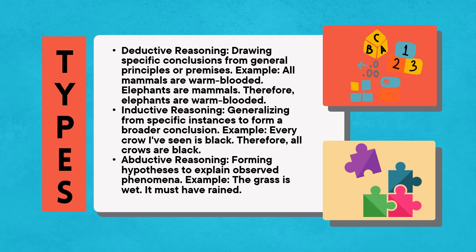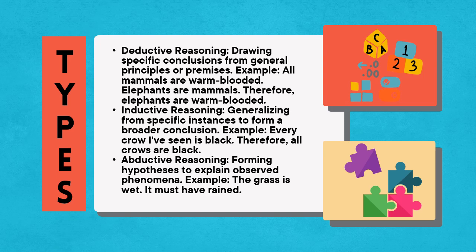So, the conclusion here is using deductive reasoning, we combine the general principle established in premise 1 with the specific information provided in premise 2 to draw a logical conclusion. Since all mammals are warm blooded in premise 1, and elephants are mammals, that is premise 2, it logically follows that elephants must also be warm blooded.